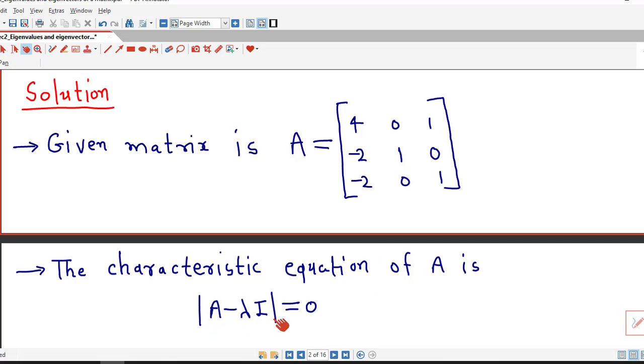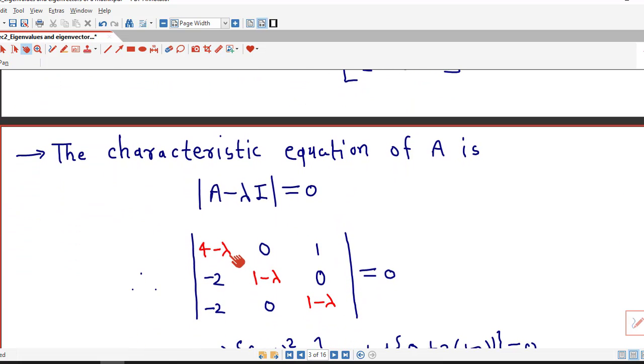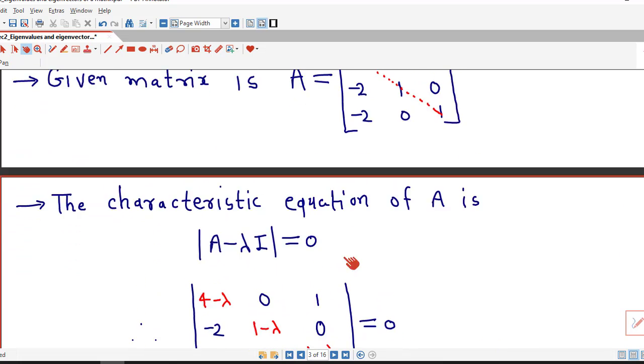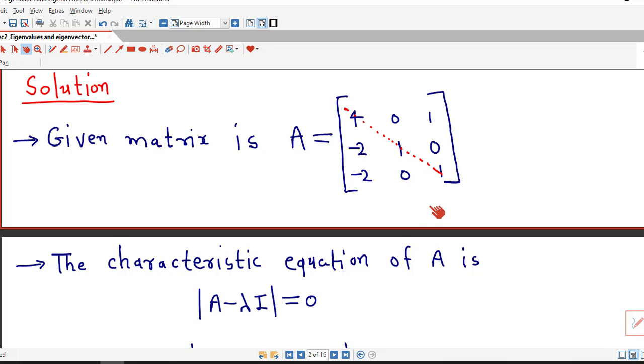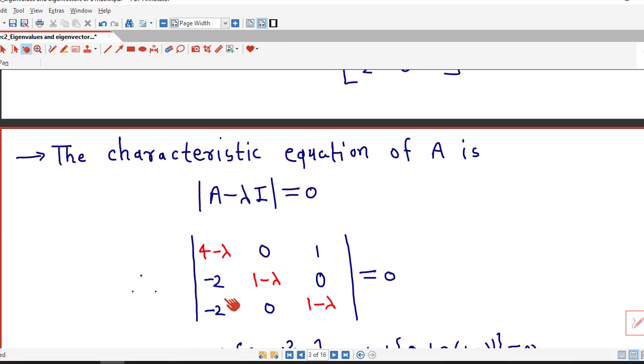Now to write down this determinant, as we discussed in the previous lecture, we subtract lambda from the main diagonal and we keep other entries as they are. So we subtract lambda from the main diagonal, 4 minus lambda, 1 minus lambda, 1 minus lambda, and we keep other entries as they are.